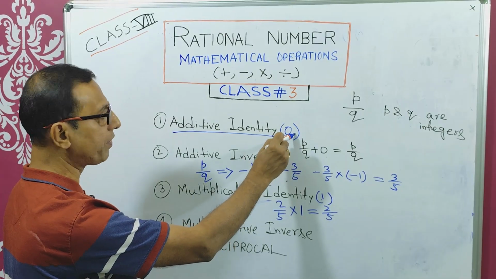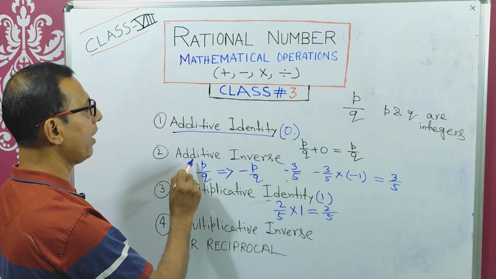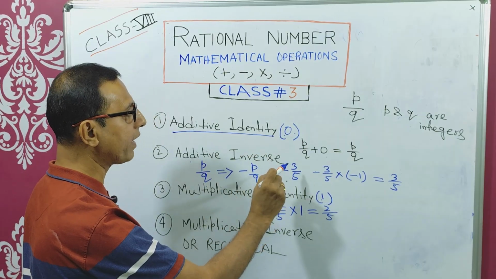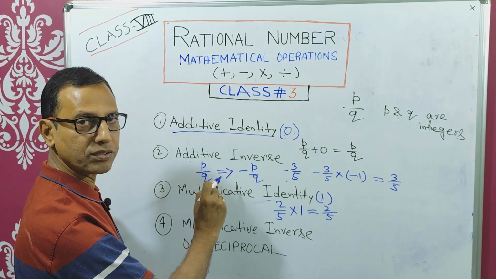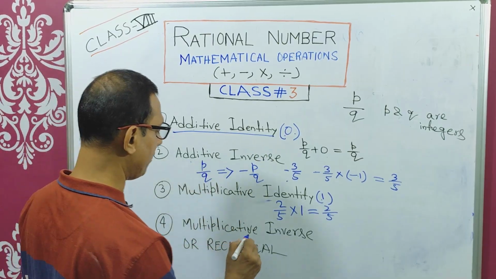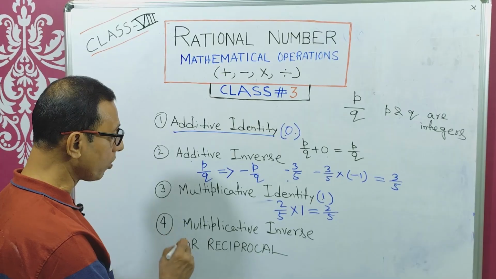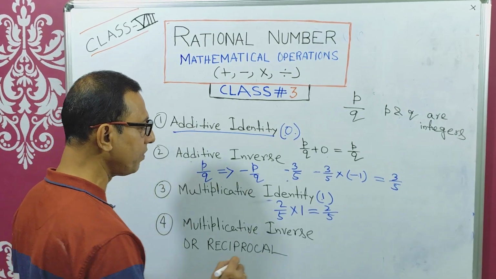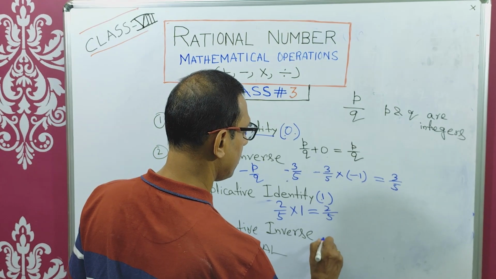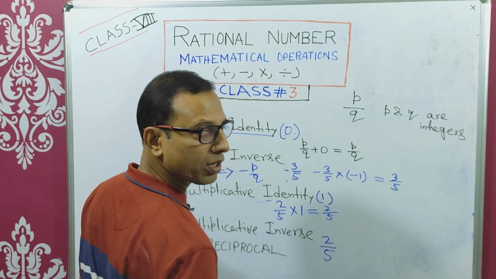0 is called additive identity. Additive inverse is multiplying the given rational number by minus 1. And multiplicative inverse is also called reciprocal. What is multiplicative inverse? Multiplicative inverse means the reciprocal of 2 by 5.